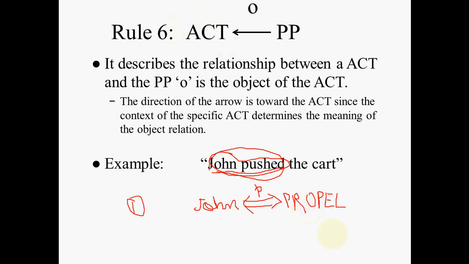Now rule number 6 tells you who is the object involved in this action. So John pushed what? The cart. So cart is the object. For this particular action, who is the object involved?